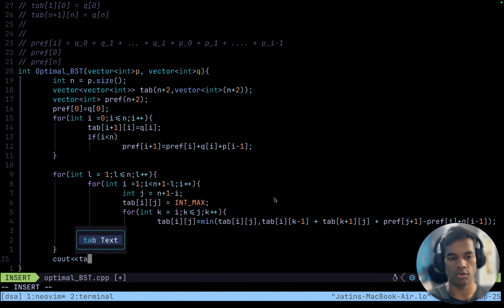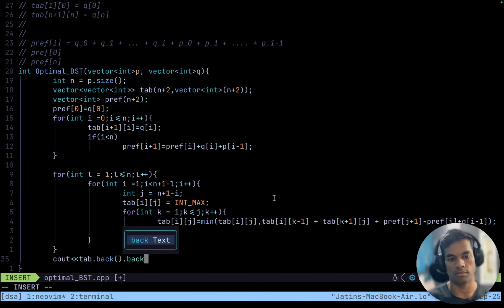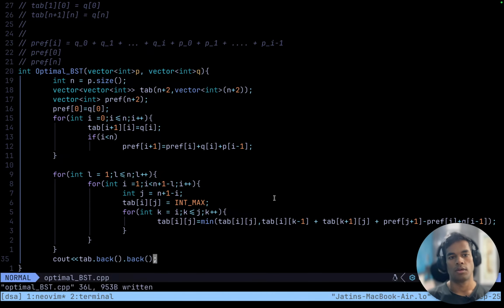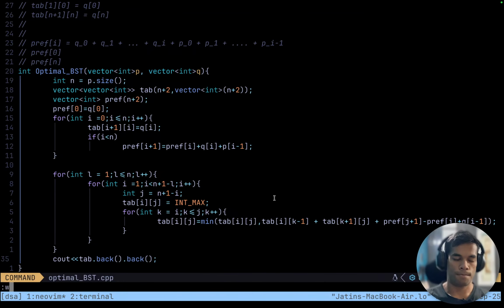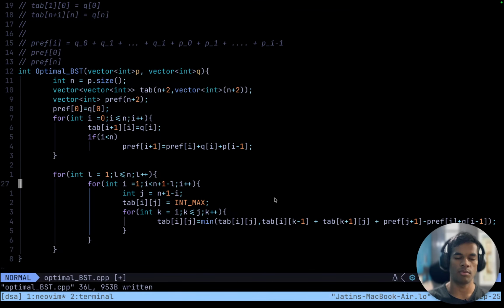And then cout tab, the last value tab dot back. Okay, what is the maximum I value that I am having at any point that I'm filling up?